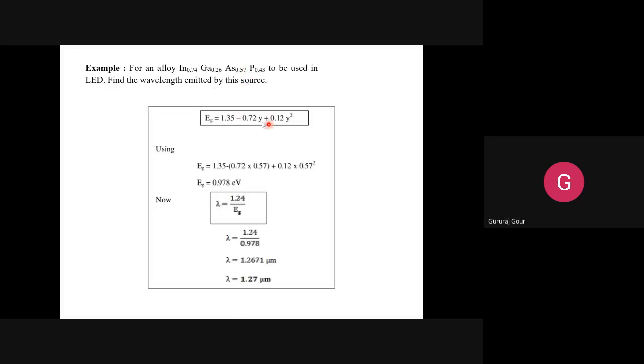So you can substitute those into the emitted wavelength formula, which depends just on y, not x here. You substitute and you will get the band gap energy. From this you will get the emitted wavelength, that is 1.24 by Eg. So this is how you have to solve. This one you have to remember. This will not be given.